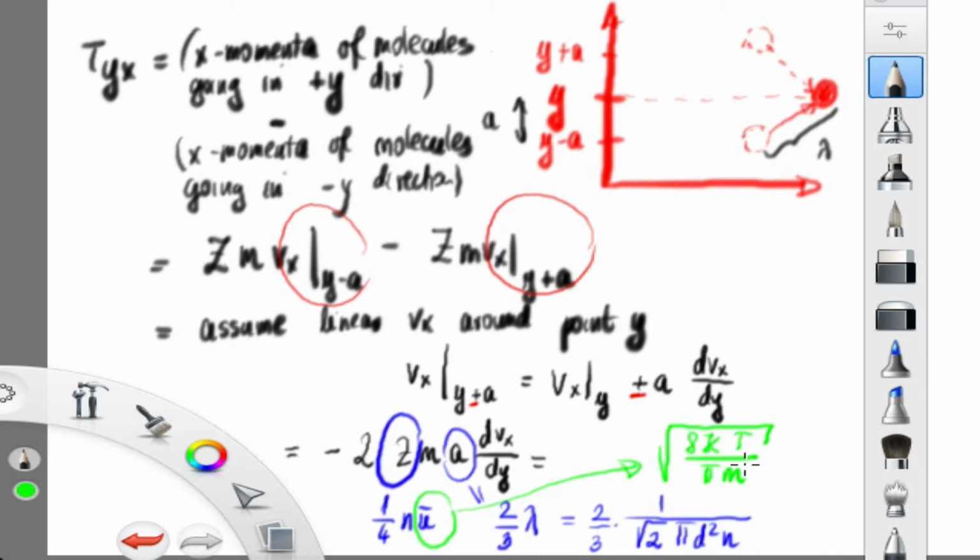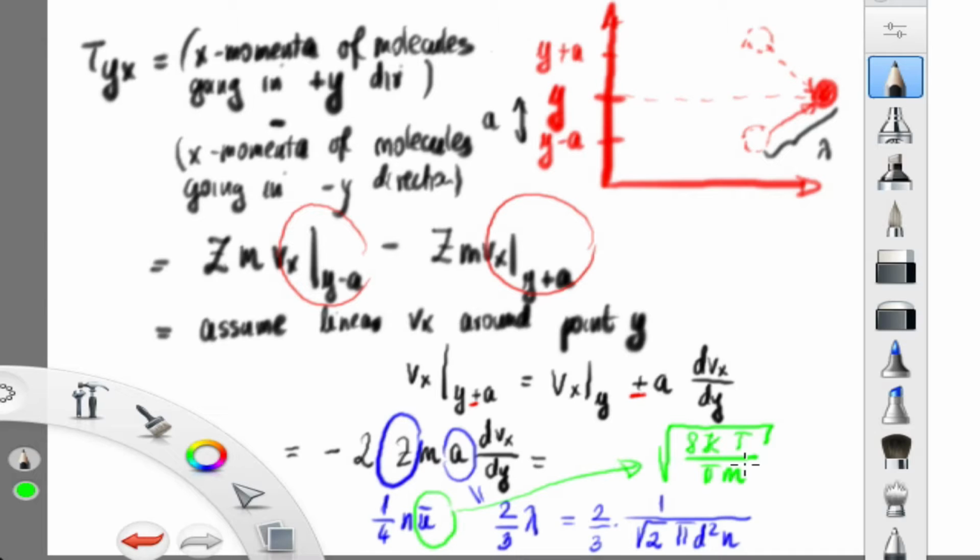But before I do that, what do I have in there? I have that number density, which I knew I could compute. I have average U, which is simply a function of temperature, which I measure macroscopically, and mass of the molecule. So this is really a property of the fluid, of the gas that I'm looking into. I have lambda that is ultimately expressed in terms of diameter and the number density.